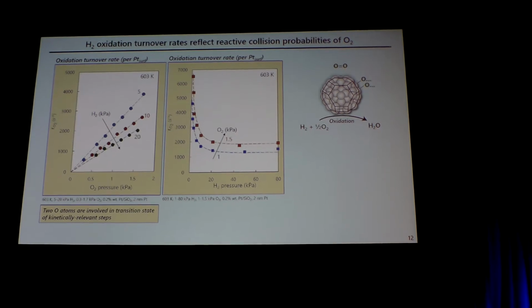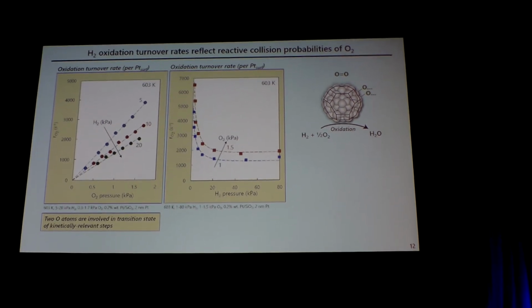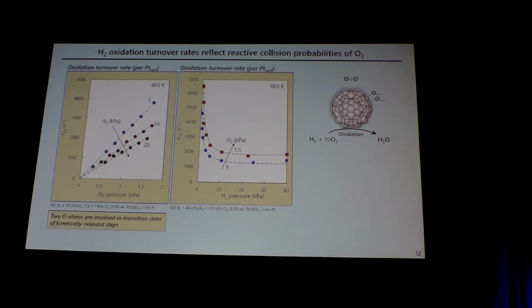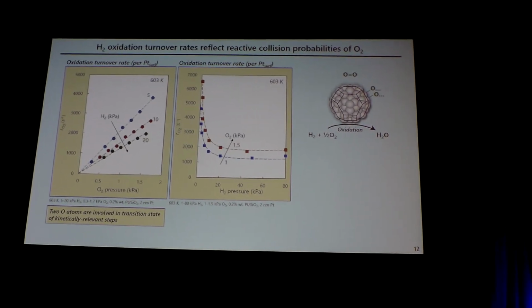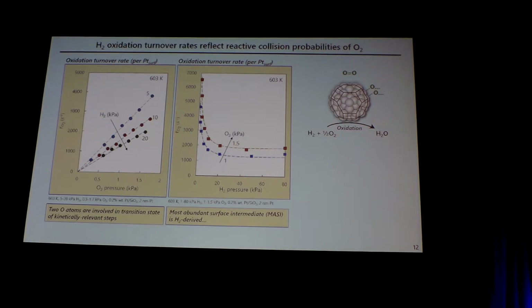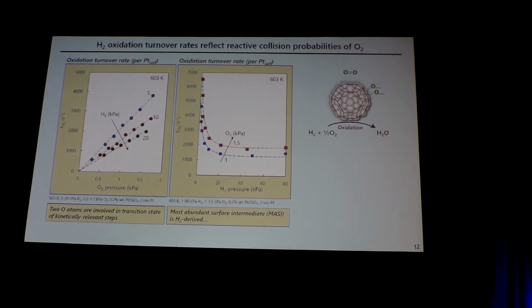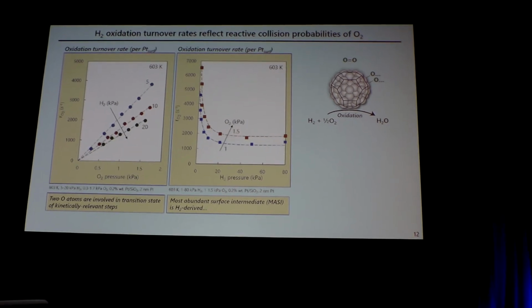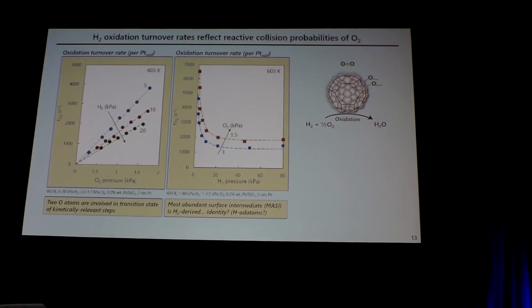And when we look at the rates and the dependence on hydrogen pressure, we see that it initially decreases with respect to hydrogen pressure, but ultimately becomes independent of hydrogen pressure, which indicates that our most abundant surface intermediate is hydrogen-derived. The most likely candidate for this intermediate would be an adsorbed hydrogen atom.